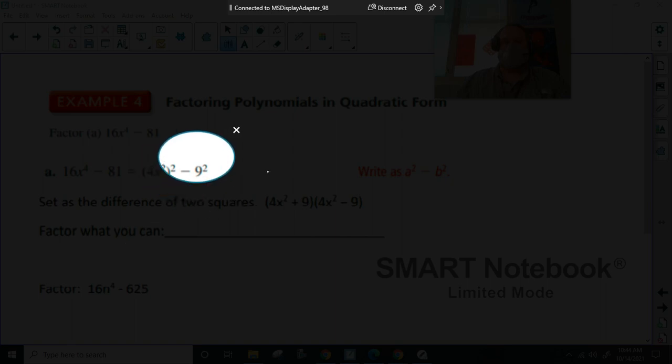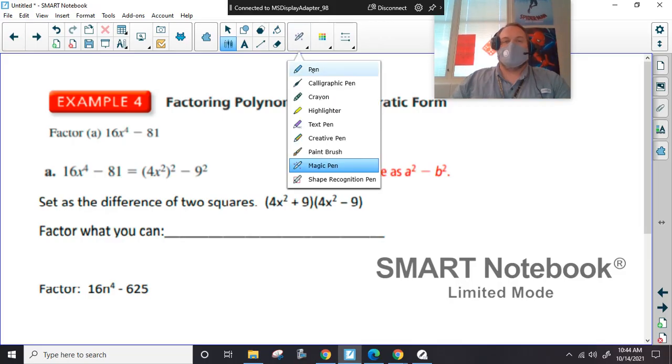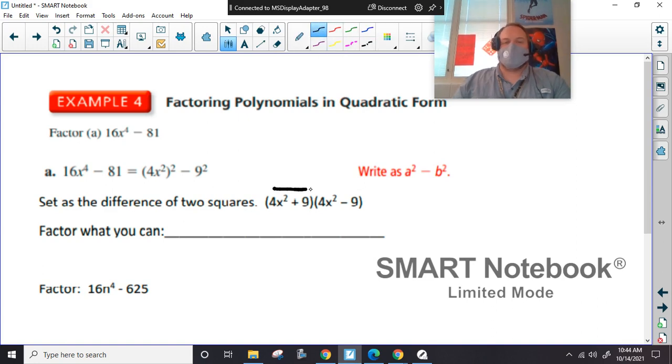Which means that it's going to look more like this. Now, we're almost done with this one. This part right here, we can't factor anymore, so we're going to leave it.